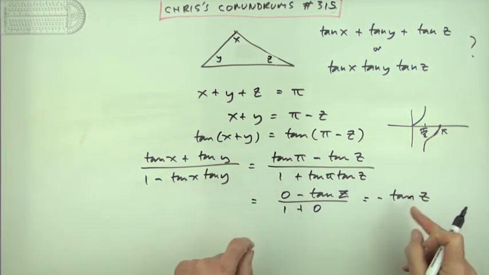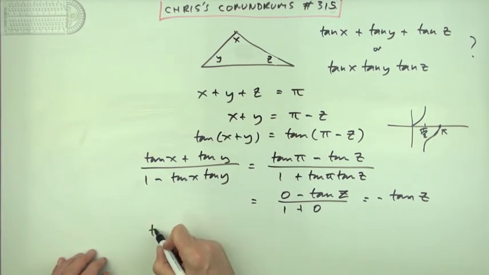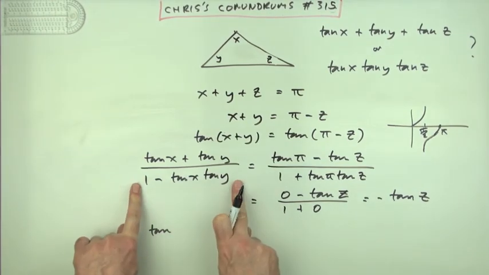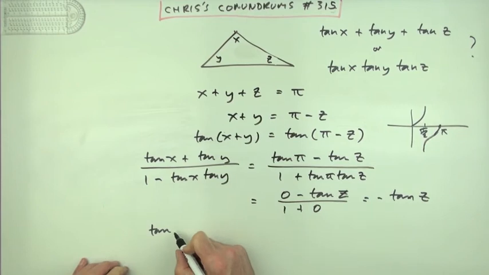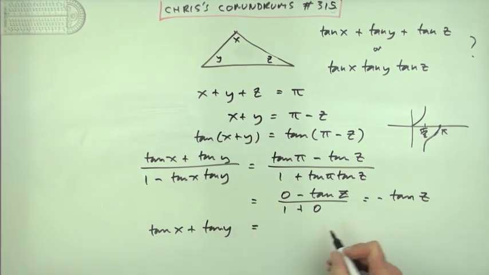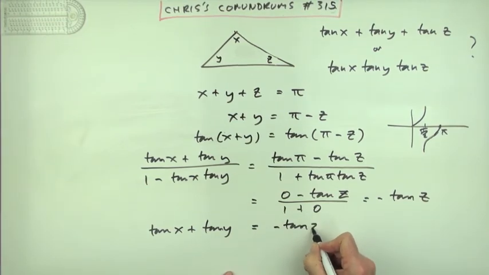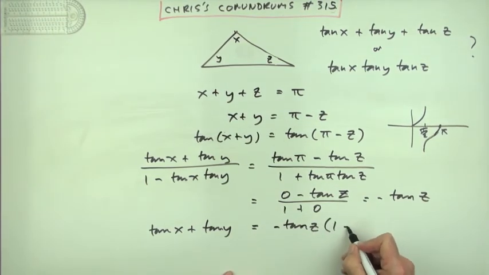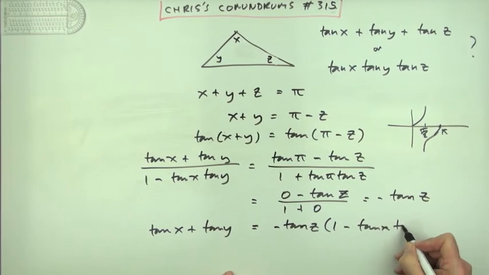Let's remove the fraction then. Multiplying both sides by 1 minus tan x tan y, I'll have tan x plus tan y equals negative, you can see where this is leading, tan z minus tan x tan y.